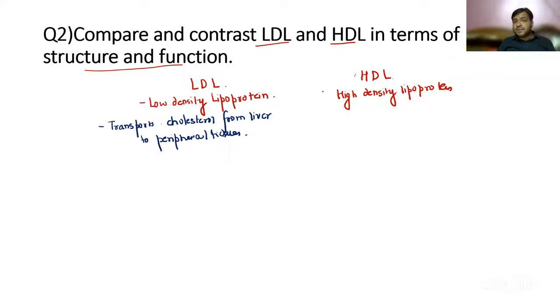The primary function of HDL, I have already told you, is reverse cholesterol transport. It is bringing the cholesterol back to the liver, carrying excess cholesterol from tissues back to the liver. That's why it is called the good cholesterol.